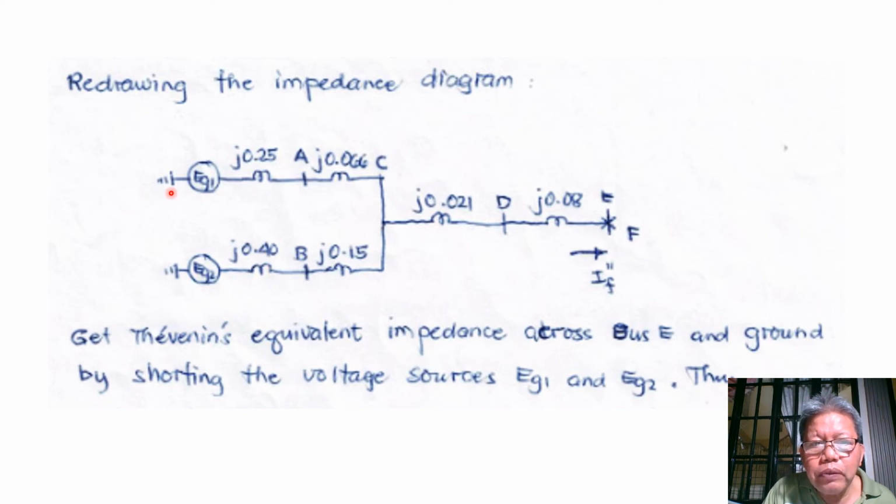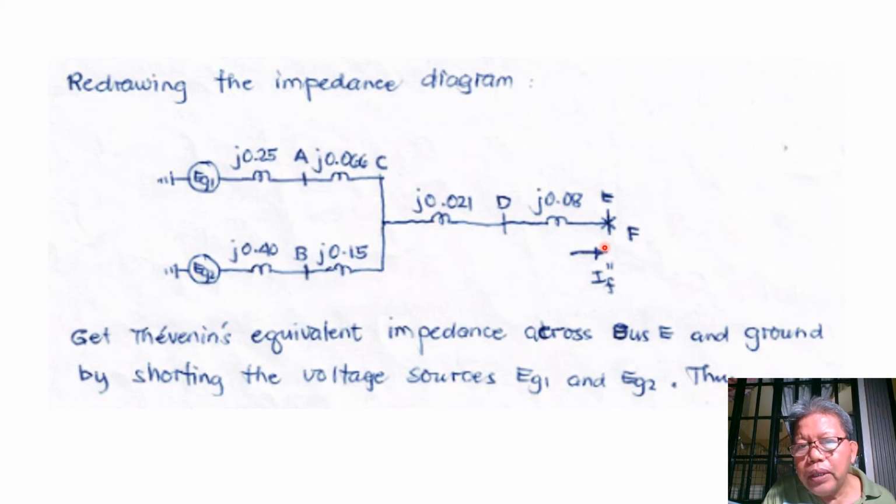Now take note when we have just these grounds, it is understood that we have a connection between these two grounds. So we get the equivalent impedance across bus F and the ground by shorting the voltage sources EG1 and EG2.